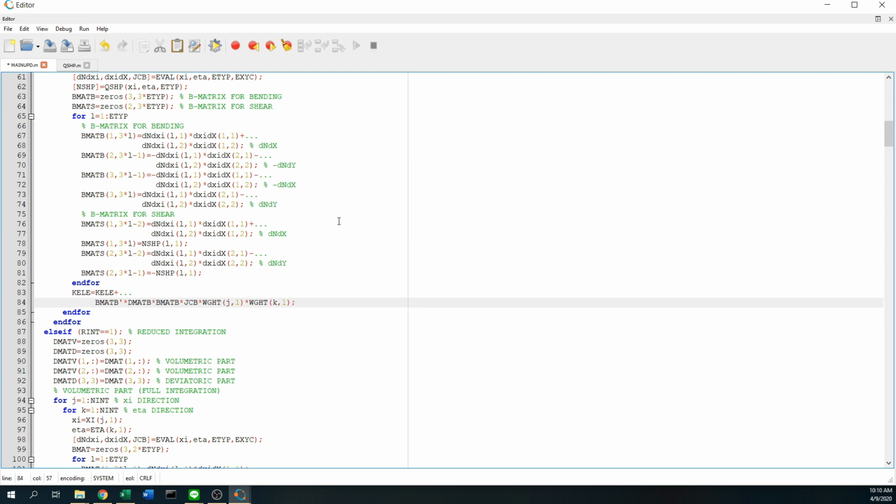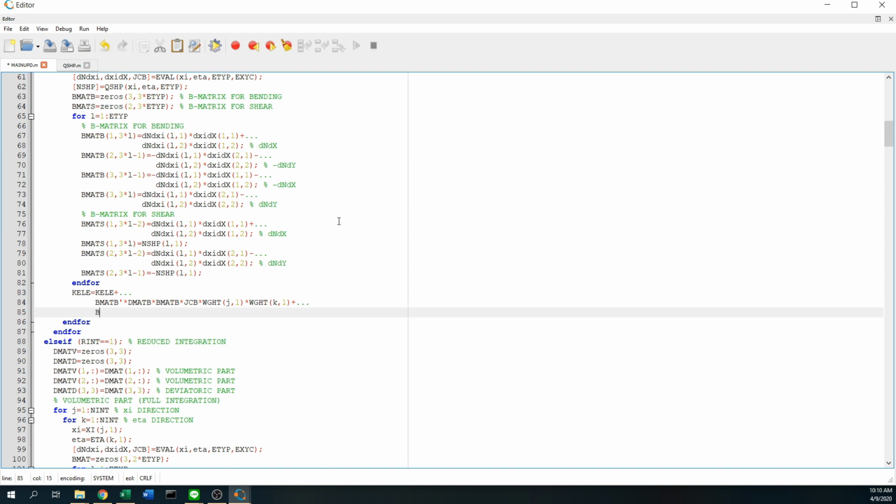plus dot dot dot. We just write it at the 60 lines, and then B mat S transpose times D mat S times B mat S, and the Jacobian of transformation, weight and weight.